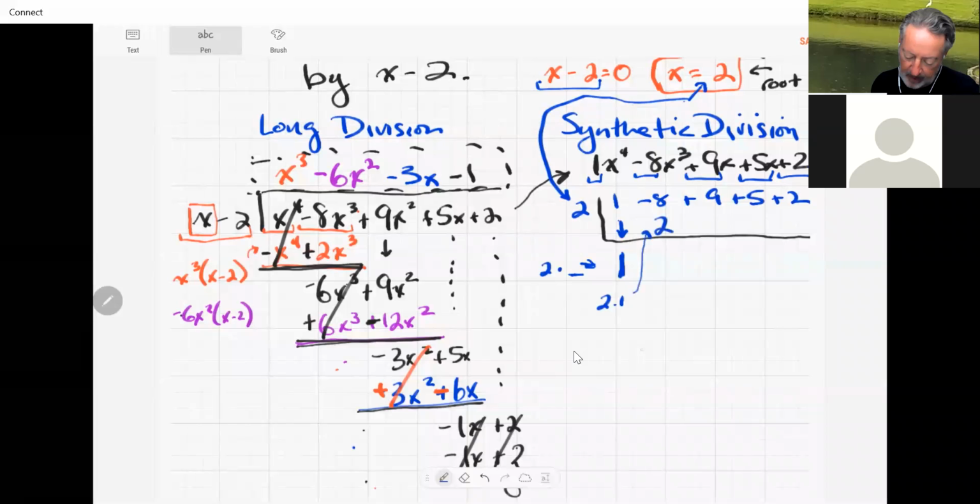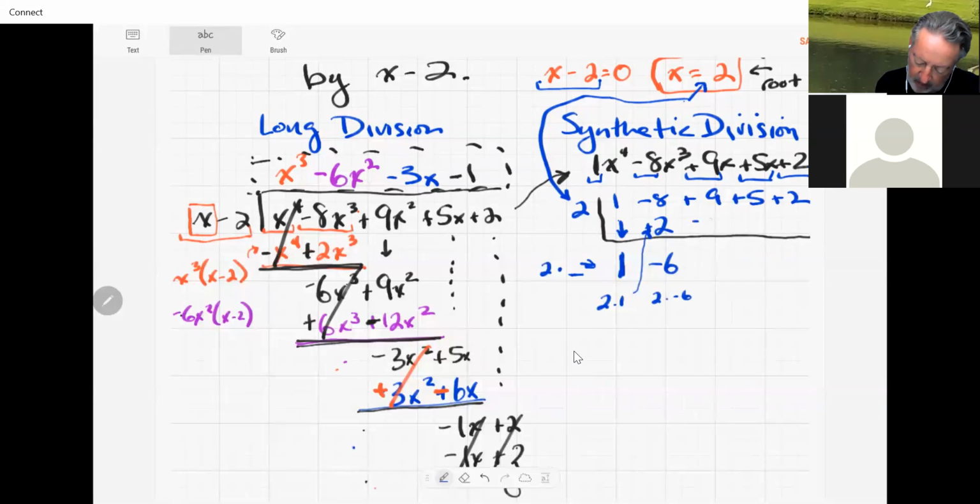Then we add these together and we get a negative 6. I want you to notice that this negative 6 is the same as the negative 6 over here in our long division.